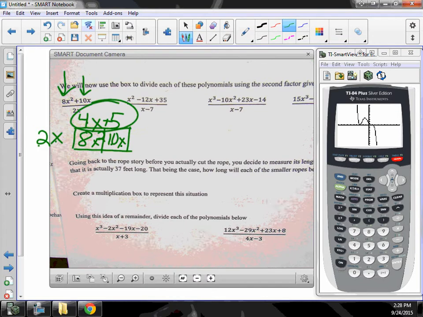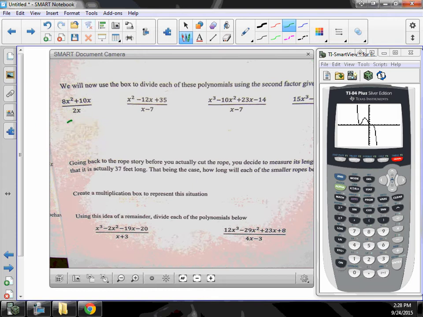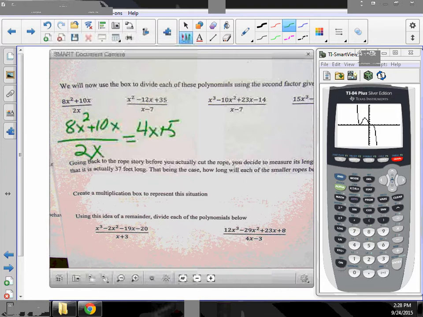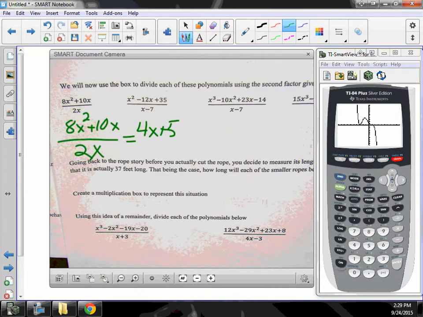So that might seem kind of strange. 8x squared plus 10x divided by 2x is actually just 4x plus 5. Does that make any sense? Why? Well, certainly, if you do the multiplication, you're going to get that product, and then you take that product and divide it by one of the factors, you should get the other factor, right?